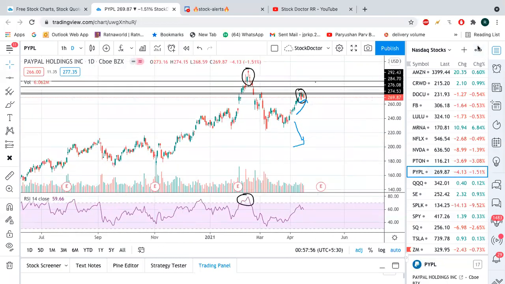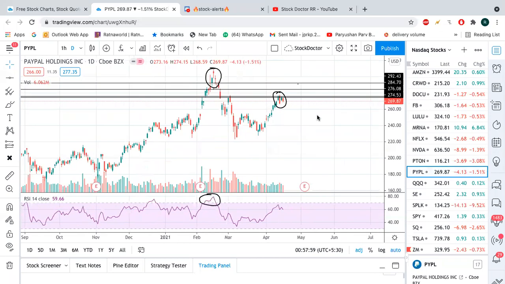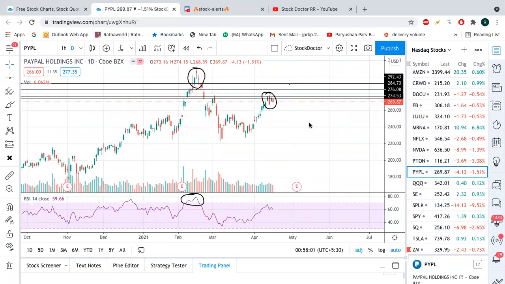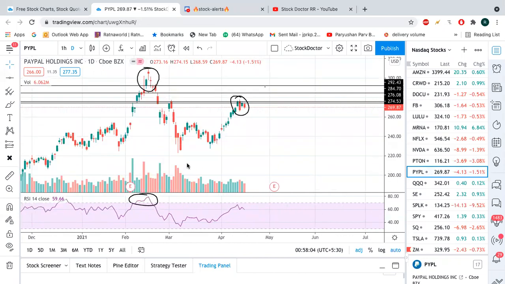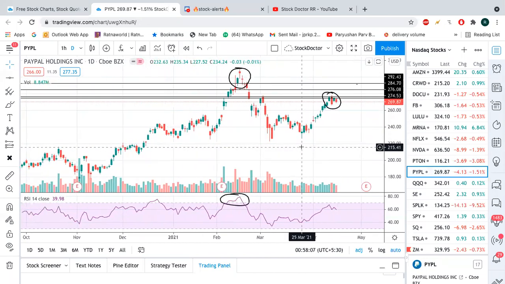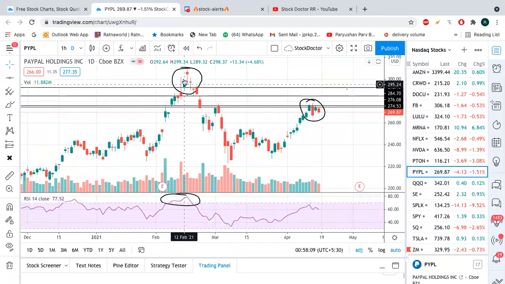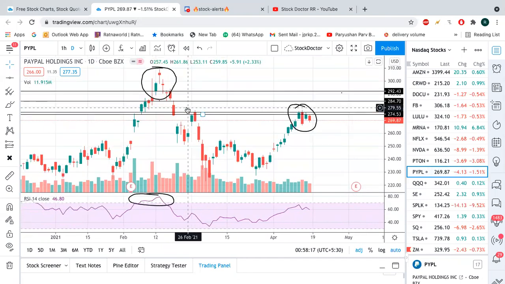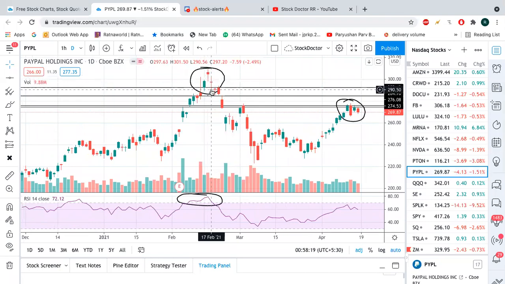Next stock is PayPal. In PayPal, I have observed some important points which I would like to highlight with you all here. If you see here, when PayPal was at the all-time high, on the day the RSI got exhausted, it created a kind of hanging man pattern, followed by a doji candle, and then a red candle.